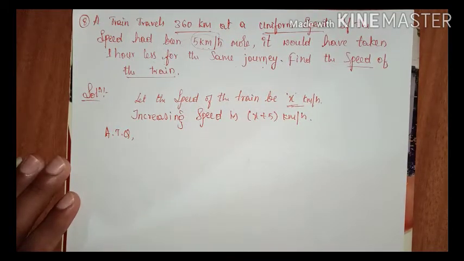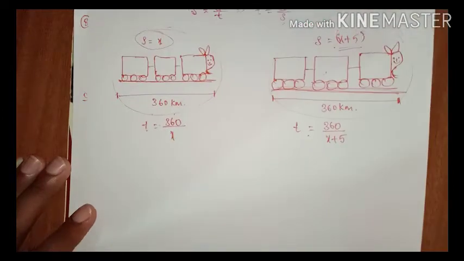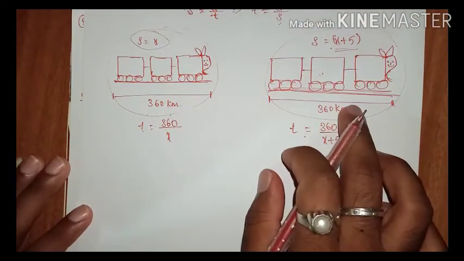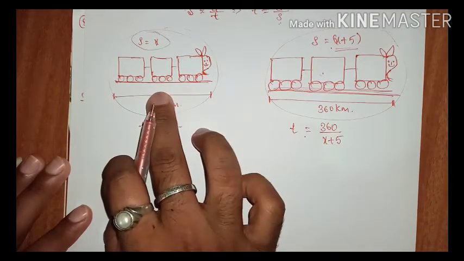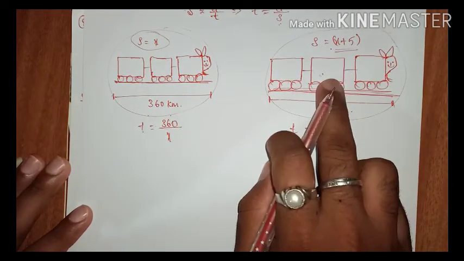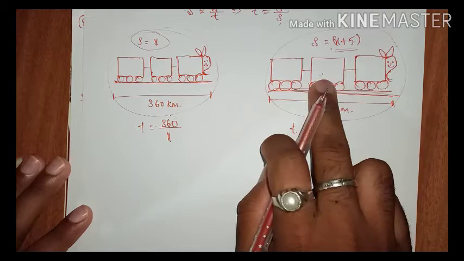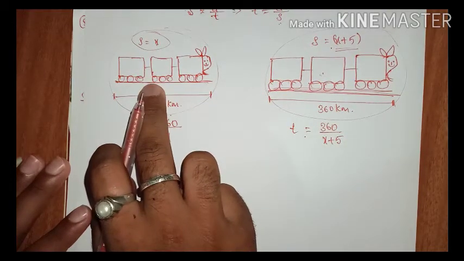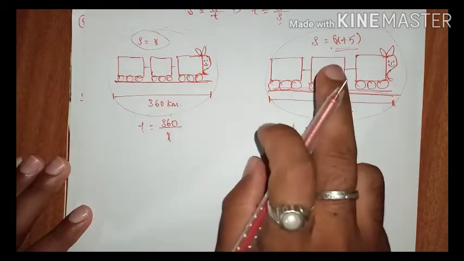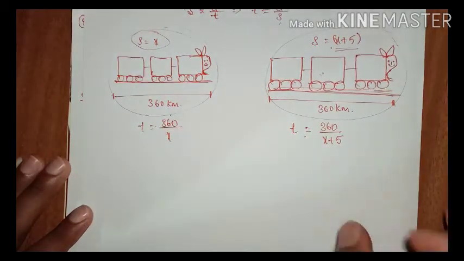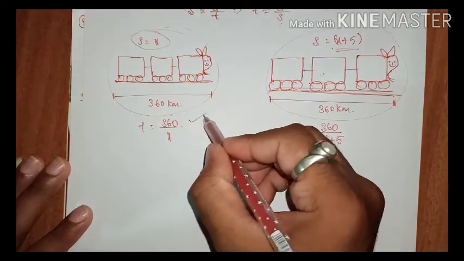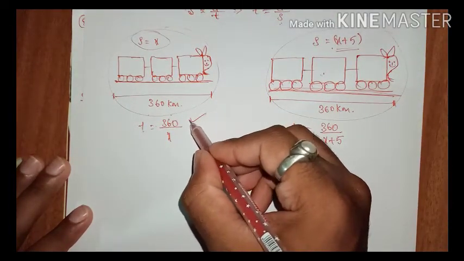Okay, so in these two trains, which one will take more time, either this one or this one? First of all, here the speed is more, so definitely it will reach as soon as possible. So it means this train will take more time compared with this one. It means greater time.